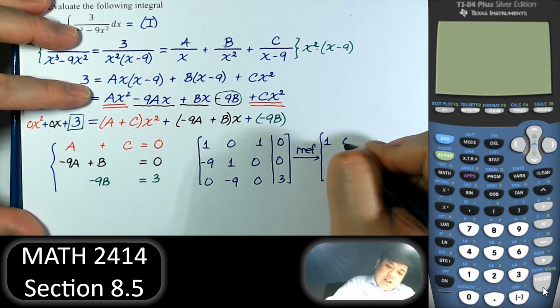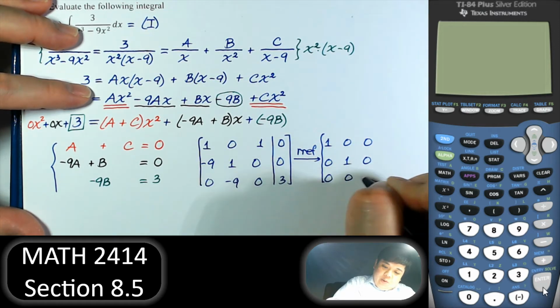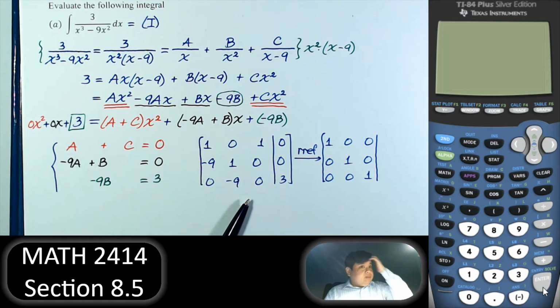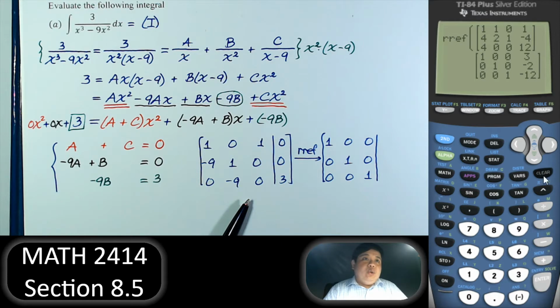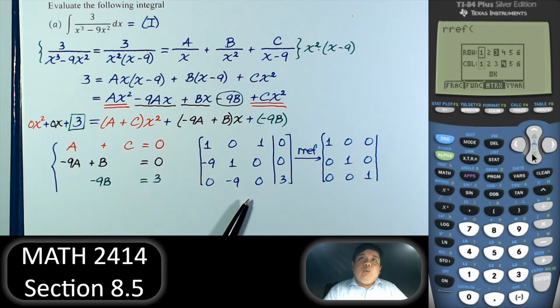We should have 1, 0, 0, 0, 1, 0, 0, 0, 1. If we don't have this, that means we cannot solve. The system has either infinitely many solutions or no solution. Go to math, reduce row echelon form. Alpha zoom. 3 rows, 4 columns.